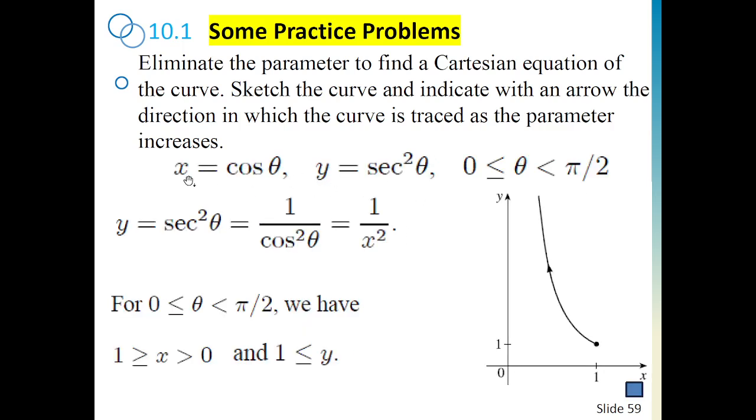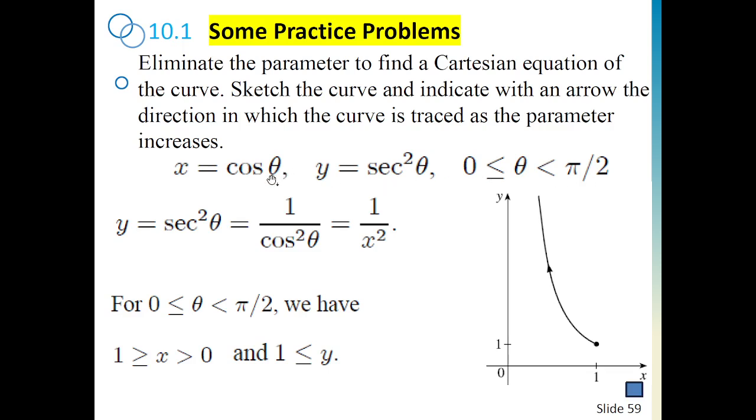Here similarly we have x equal cosine and y equals secant square. Secant is 1 over cosine, so secant square is 1 over cosine square, which is 1 over x squared. So immediately we got an expression that is more familiar to us, so we can sketch it quickly. And then the parameter goes from 0 to pi over 2.